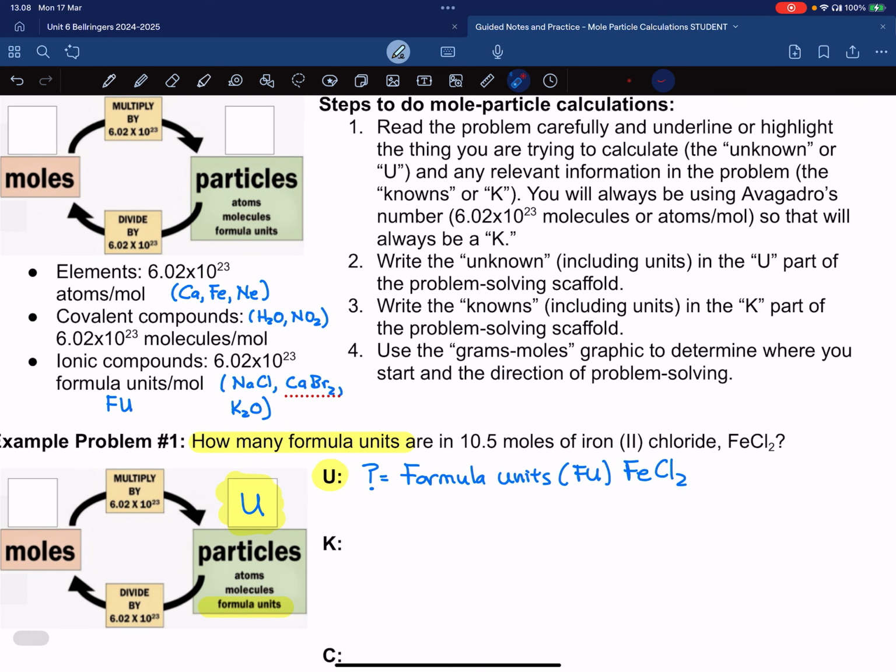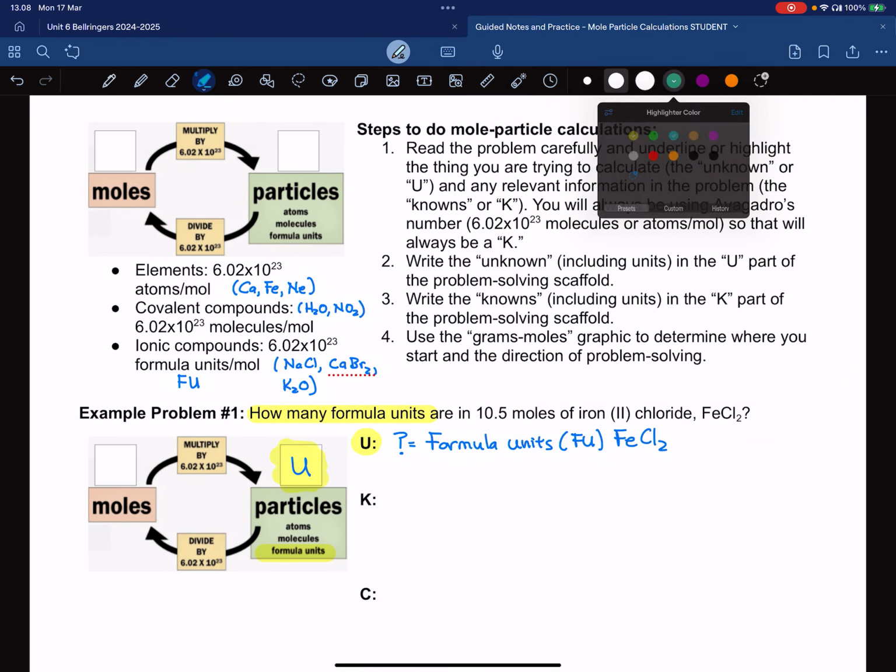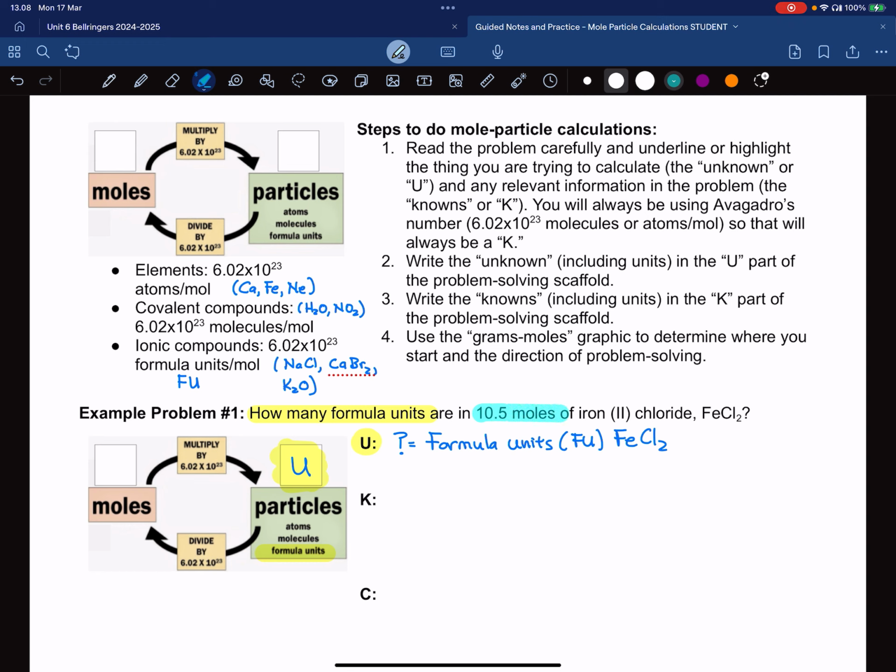Then find the relevant information in the problem. That's the knowns. So the relevant information here is going to be 10.5 moles of iron(II) chloride. That is the known. So moles, 10.5, iron(II) chloride.